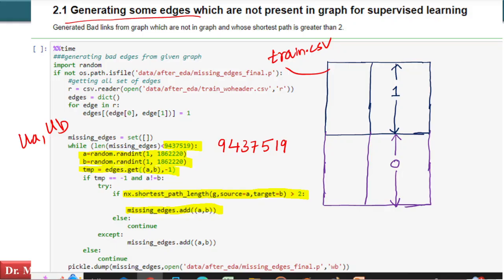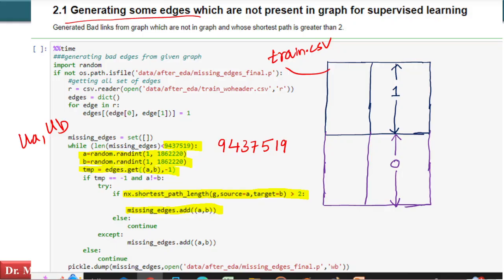I call such edges missing edges. So I am not given the zero class label data, and I am introducing zero label data using some domain knowledge. This is how we are generating bad links.